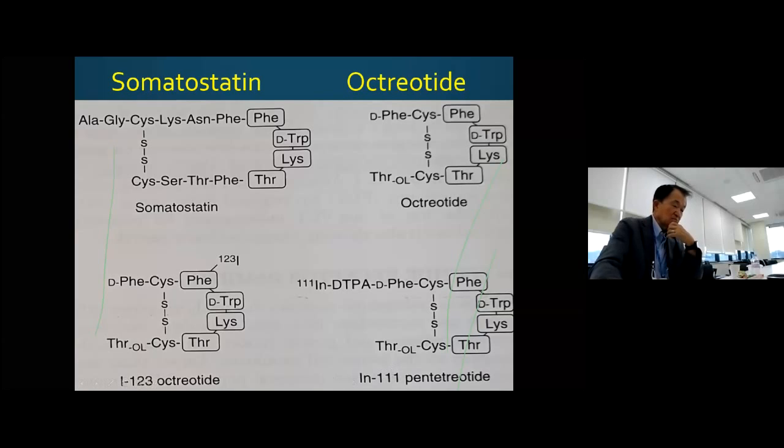But these are all produced by cyclotron, so it's quite expensive. That's a limitation. But if you don't have a PET camera, then this is the choice. And at least you have to have a SPECT/CT.